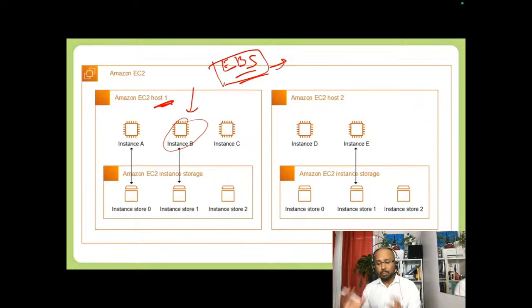Elastic Block Storage is network attached storage. So if this is our EC2 host, EBS is something like this, somewhere in the AWS environment, in an AWS data center, if you say it technically, and this is a hard disk. EBS is nothing but a hard disk, but a bigger hard disk.